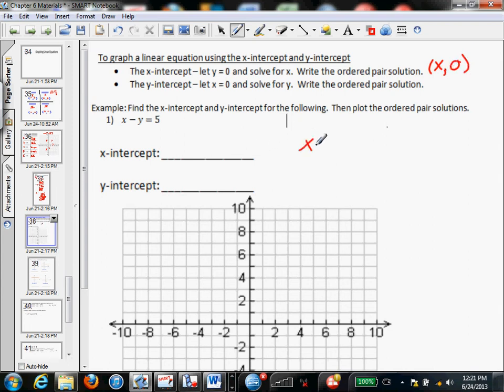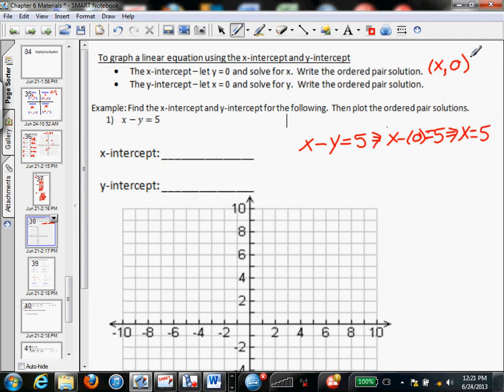So let's take our equation x minus y equals 5. Now if we let y be 0, and solve for x, what do we get? We get that x equals 5.